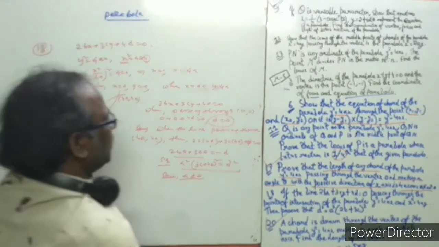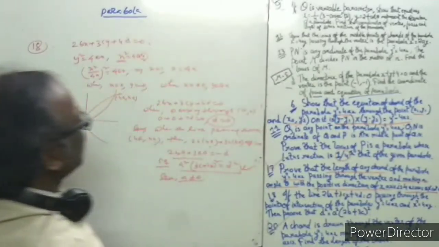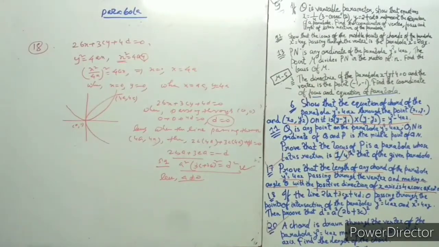Okay, and this is the condition when the straight line passes through the two points of intersection, that is 0, 0 and 4a, 4a. Okay, and this is the main important question of this parabola from the book of Ashende, and see the video carefully, and bye.